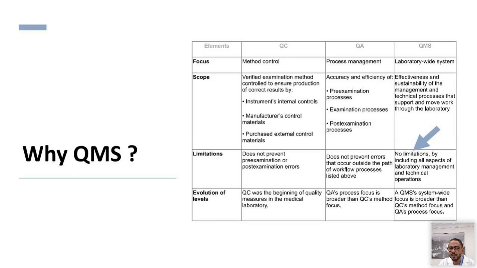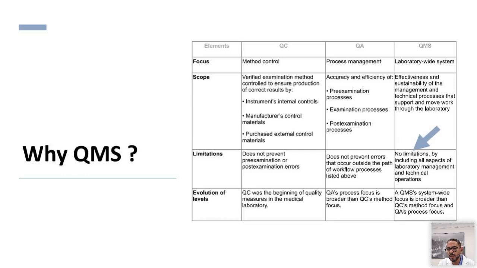However, this method has its own limitations, in which it does not prevent errors that occur outside the path of workflow process listed above. So it does not really have a comprehensive way of addressing the quality of your test or quality of your system within the laboratory.